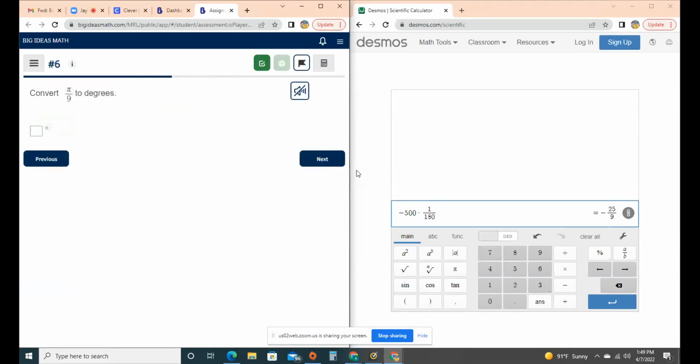Okay, probably 1 or 2 more. This time you multiply by 180 over pi. So type your pi over 9 in that first position. Yeah, and 180 over pi there.